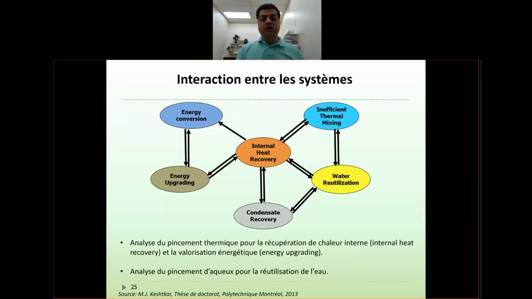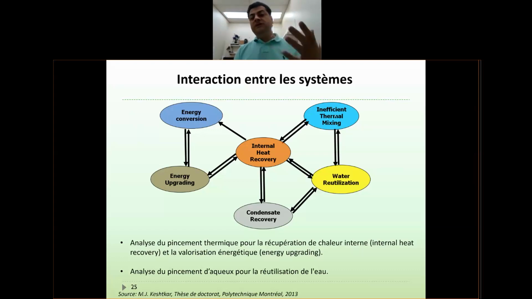So overall, if you look at the overall process, when I say overall process, I mean biorefinery and utility, you have different sections. You have internal heat recovery sections, which mainly means, for example, process-to-process heat exchangers that you have to optimize, for example, by pinch analysis.